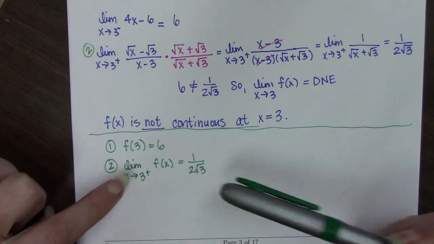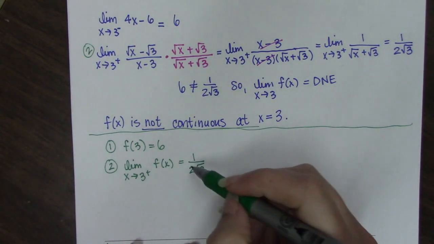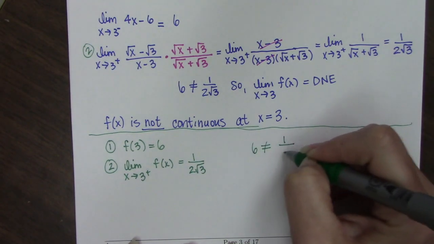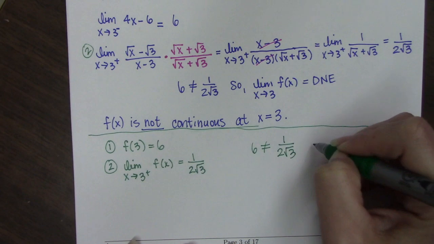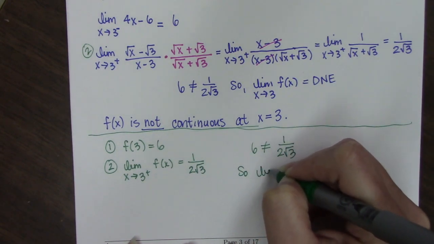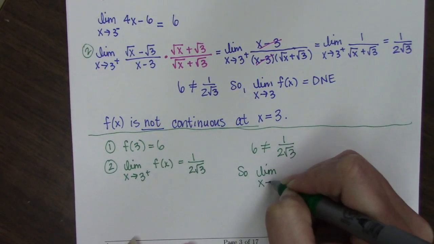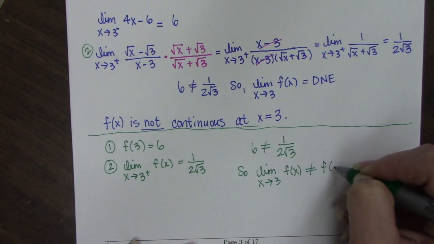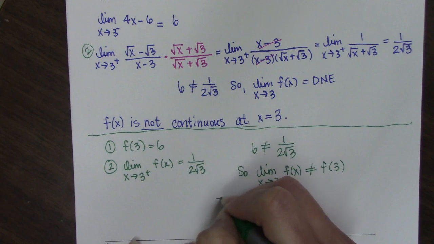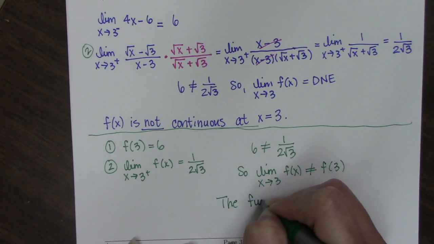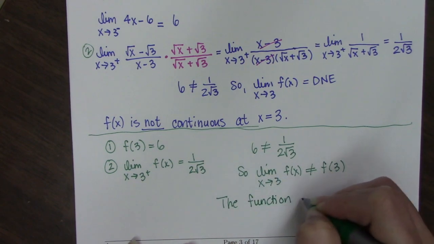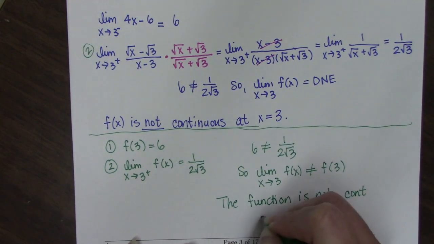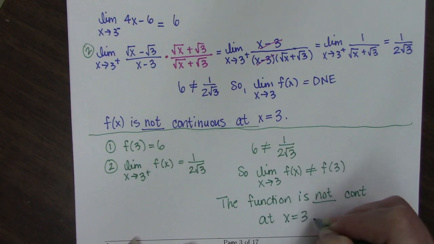And these two values do not agree. So if you had done the steps in this order, you could have said, well, 6 is not equal to 1 over 2 root 3. So the limit as x approaches 3 of f of x does not equal f of 3. So the function is not continuous at x equals 3.